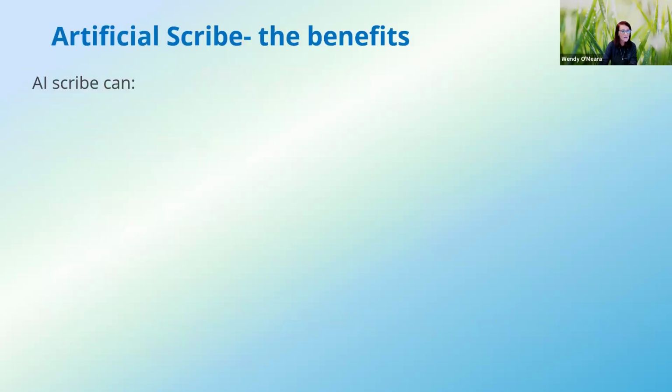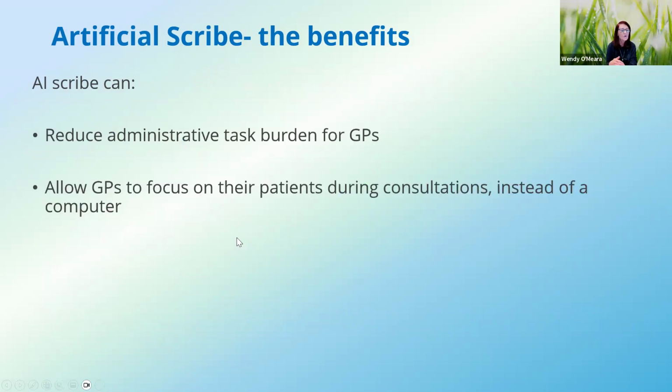So AI Scribe can reduce administrative tasks for GPs, so reduce the burden on you for what you do every day, with the focus of creation of clinical notes, referral letters, care plans, and so much more. It allows the GPs to focus on their patients during the consultation instead of the computer.